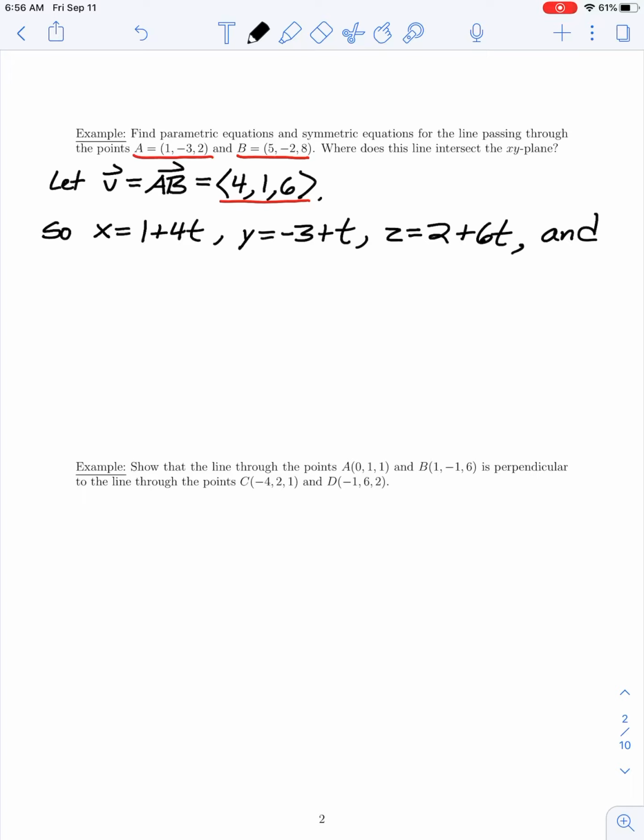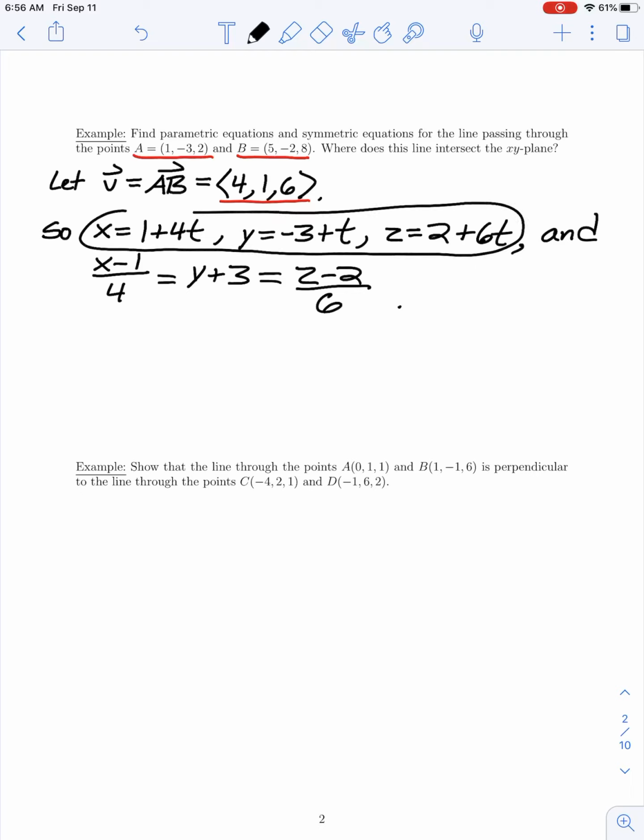So solving my first parametric equation for t, I would have (x minus 1) over 4 is equal to, solving my second equation for t, I would have y plus 3, which is equal to, solving our third equation for t, we'd have (z minus 2) over 6. So first off, our parametric equations, and then our symmetric equations for that line.